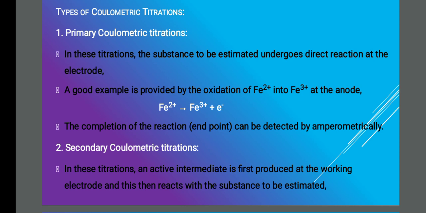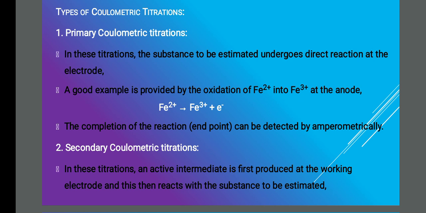A good example given here is ferrous ion converted into ferric ion plus electron, and the completion of the reaction can be detected amperometrically. By using an ammeter you can find this. Okay, I'll repeat the point once again. What do you mean by primary coulometric titration? These are titrations in which the substance to be estimated will undergo direct reaction at the electrode.